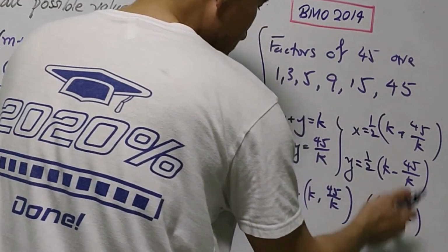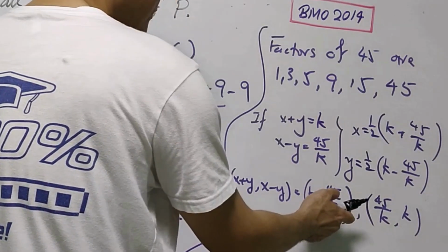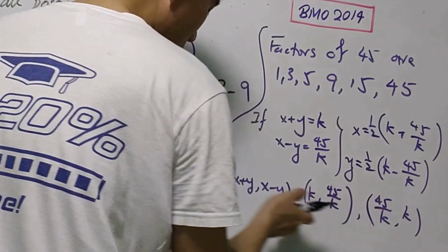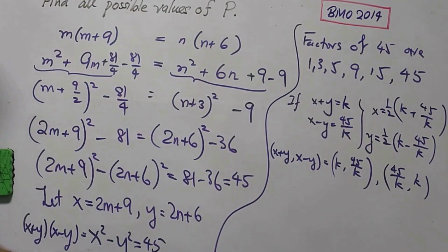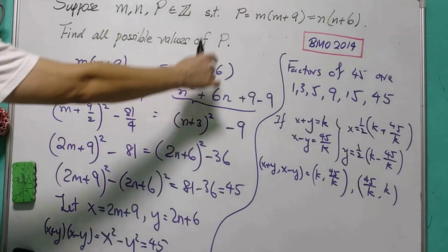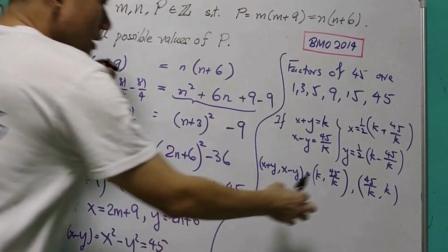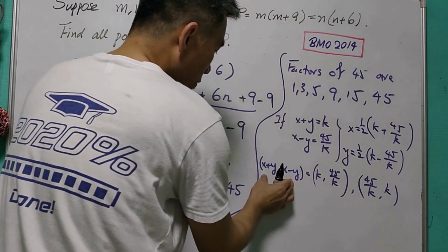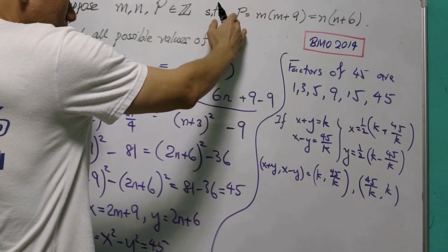The value of x will still be the same as the value of x here, which means that with the same value of x, we obtain the same value of m. With the same value of m, eventually you will get the same value of p. In conclusion, these two different values of x plus y, x minus y will give us exactly the same value of p.